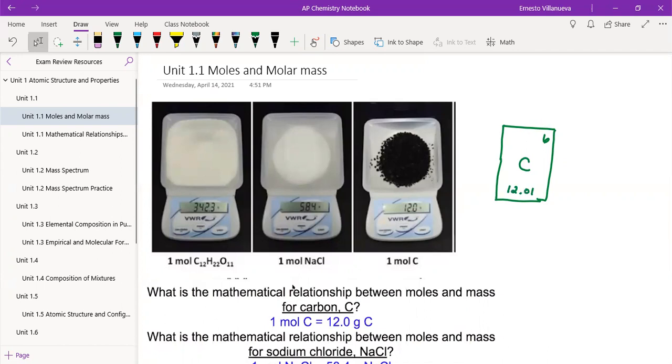Well, the mathematical relationship that they're trying to explain here is that this is the atomic mass, and the atomic mass is simply the mass of 1 mole of the substance. So 1 mole of carbon is equal to Avogadro's number in atoms.